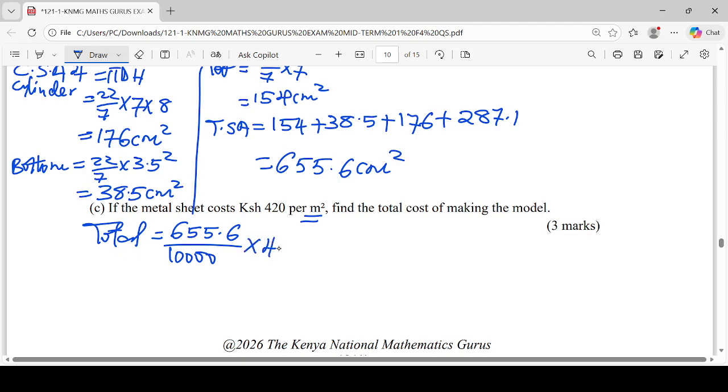Then I multiply this by 420 to get my amount. Let me do it using my calculator. I'm getting the total cost as 27.54 shillings. That's how you could have responded to that question.